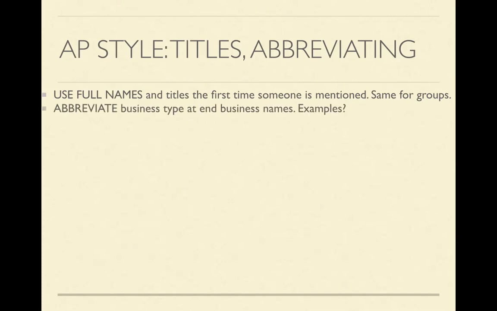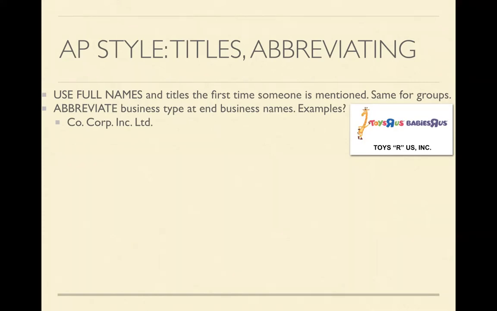Okay, you want to abbreviate the business type at the end of a full business name. Here's a quick example: Toys R Us Inc. That Inc. is standing for incorporated, and we abbreviate it because that's not what's important about the title. What's important is the name of the company, not the business type, whether it be limited or LLC or company or corporation.